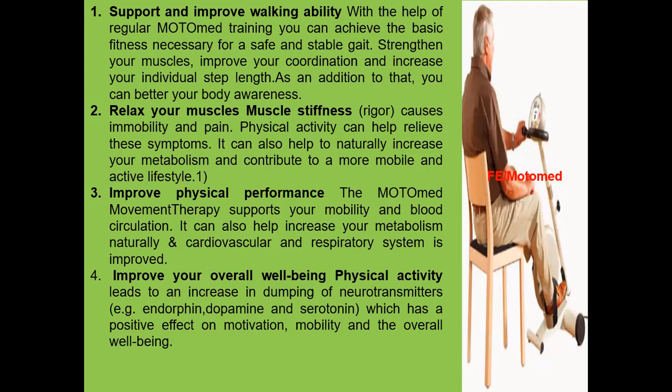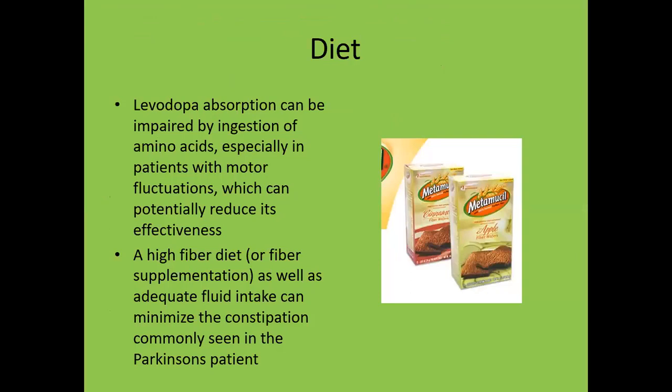The last one is overall health. It works on the neurotransmitters. It will help to release endorphin, dopamine, and serotonin, and it will improve motivation and mobility, so overall health and well-being of the Parkinson's population. Another very important thing, there is a drug, levodopa and carbidopa.